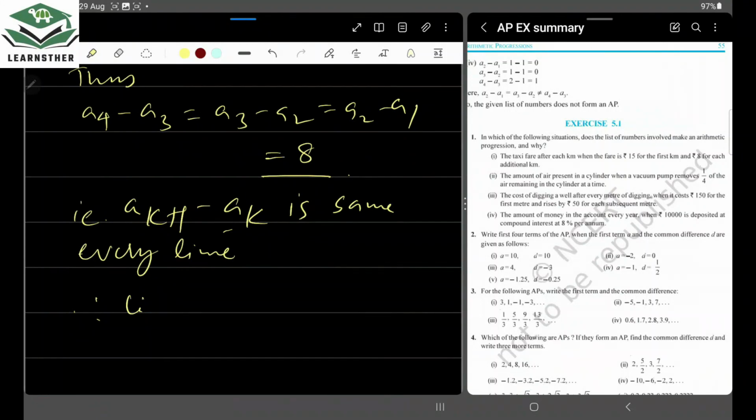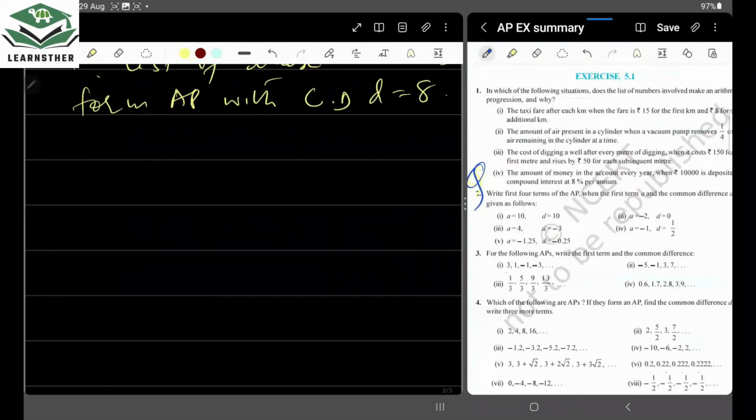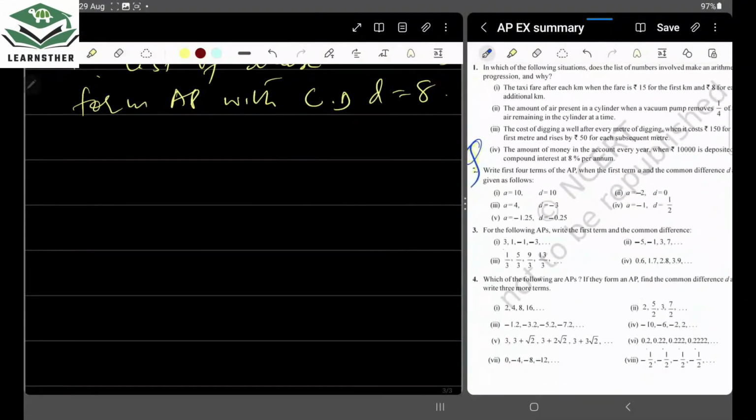Therefore, the list of these numbers forms an AP with common difference D of 8. Okay. Now let's discuss this problem.